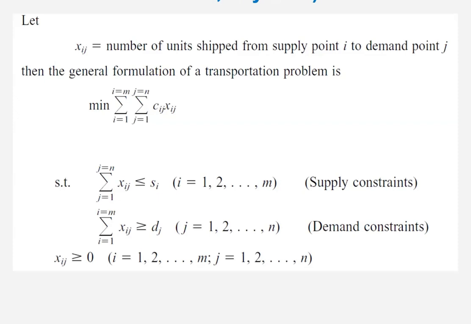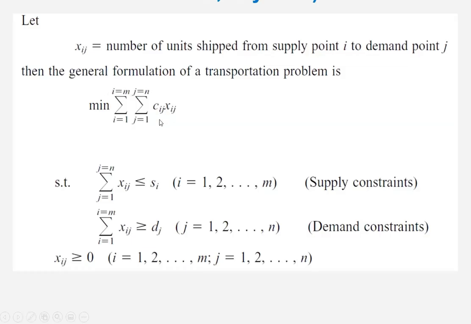This is the generalization of the transportation model that works for any problem that has a number of suppliers and a number of demand points, where Xij is the number of units shipped from supply point I to demand point J. We had a table of cost.